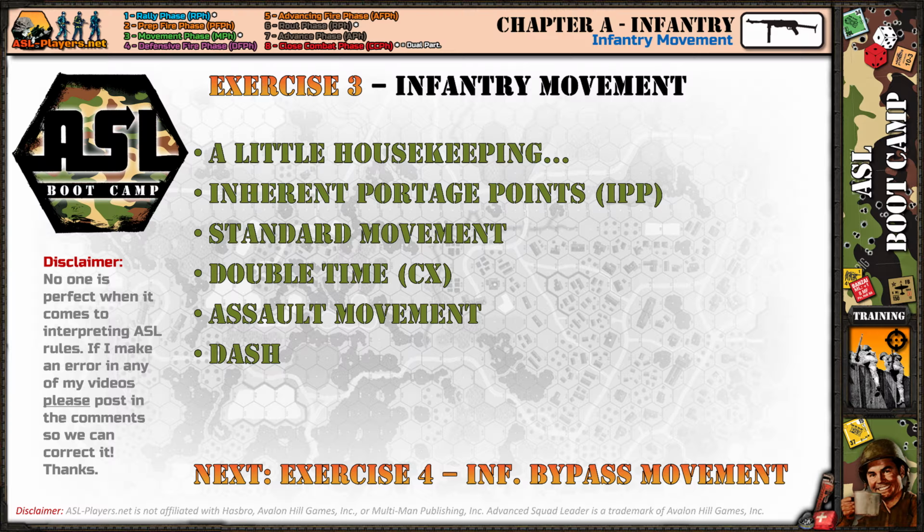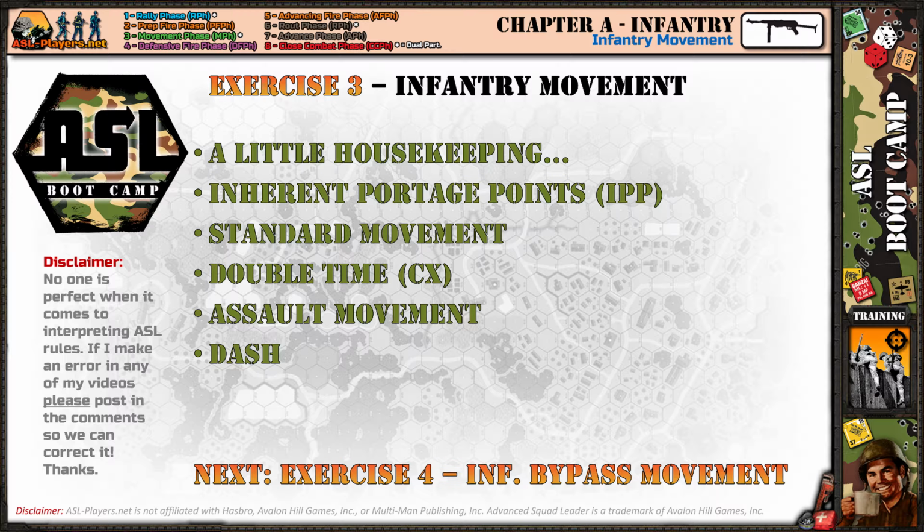And then I did double time movement. It's the ability for units to move a little bit further at a penalty that sticks with them essentially a full game turn. So keep that in mind. Assault movement is the move of 1 hex as long as you don't exceed your current movement factor value and you don't receive the penalty of non-assault movement if anyone first fires against you while you move.